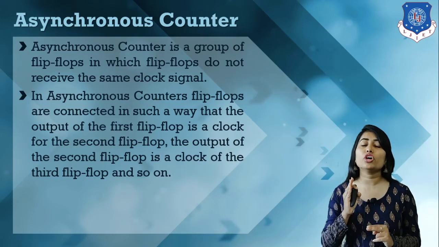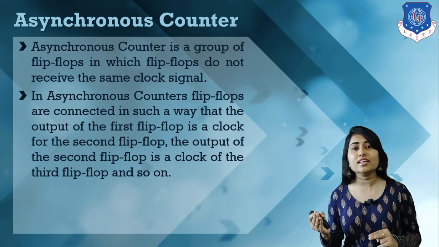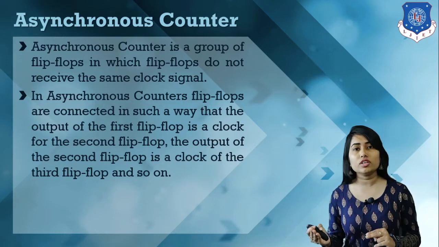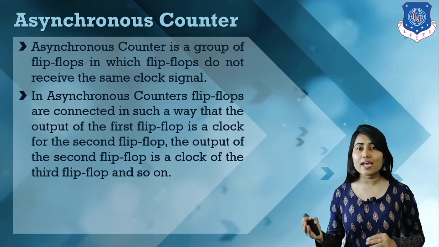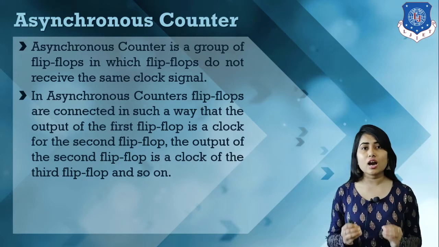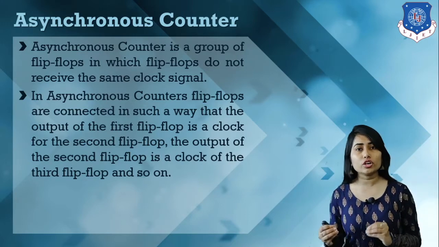Then the output of the second flip-flop is connected as a clock for the third flip-flop, and the output of the third is given to the fourth, and so on. This is how the asynchronous counter works.